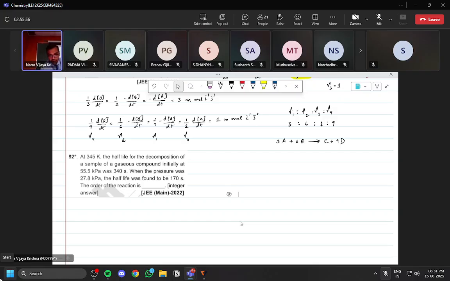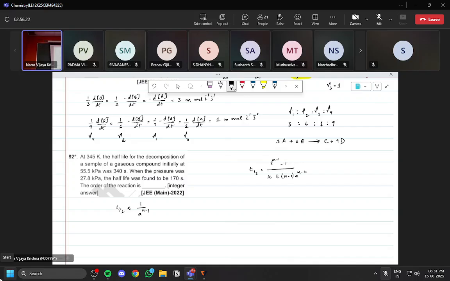We know T half is proportional to 1 upon a power n minus 1. What is the T half equation? 2 power n minus 1 upon k into n minus 1 into a power n minus 1, for an nth order reaction.